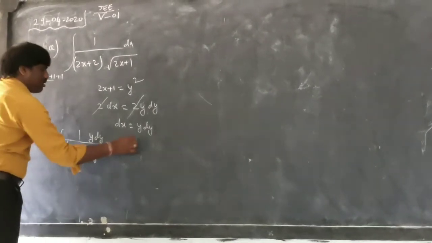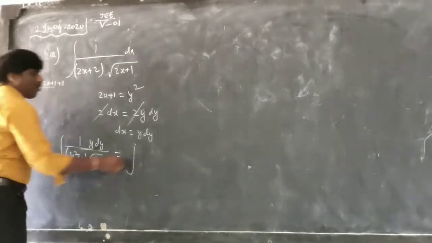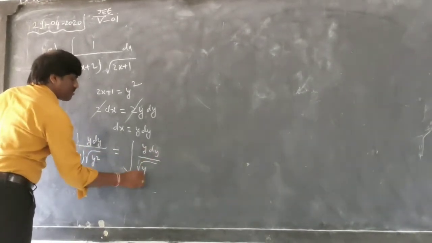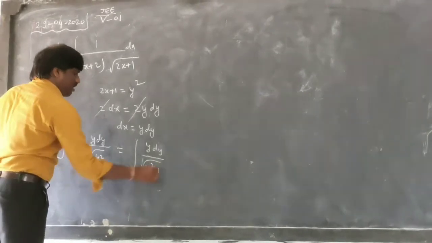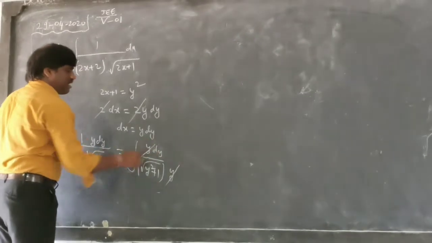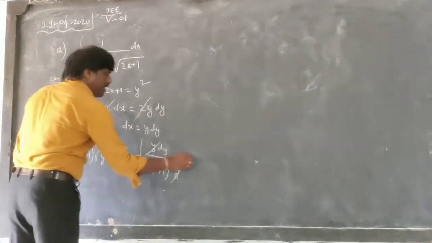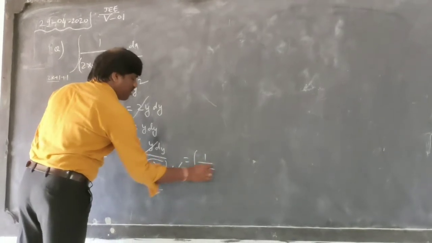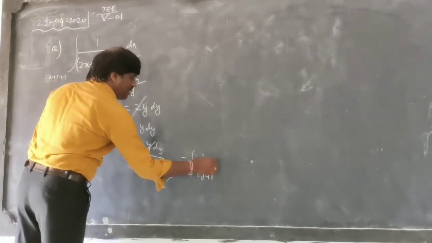This is equal to integration of y dy upon (y square plus 1) into square root of y square. The y cancels, and this implies integration of 1 upon (y square plus 1) dy.